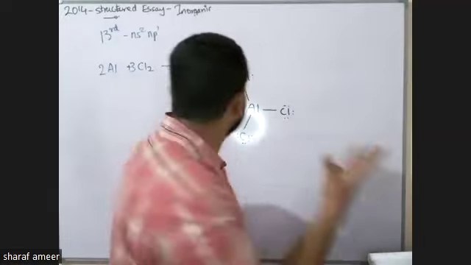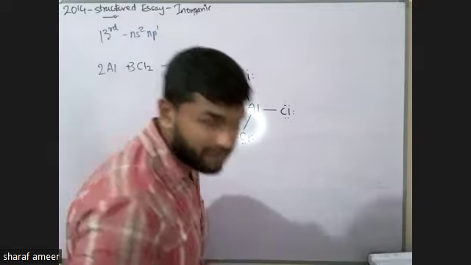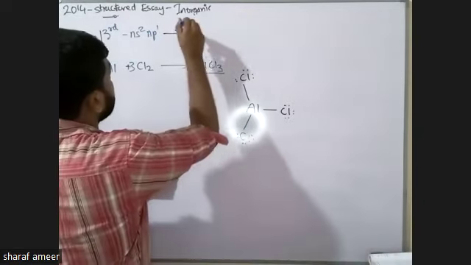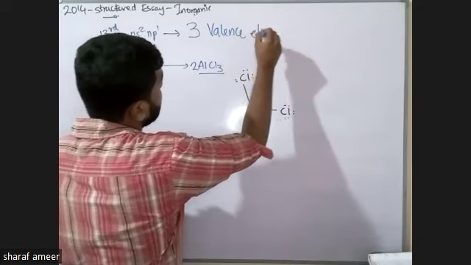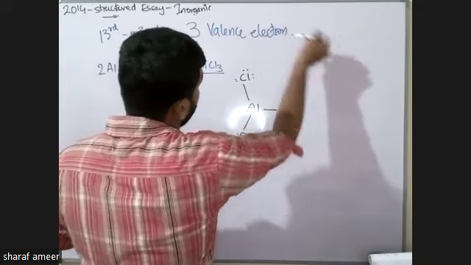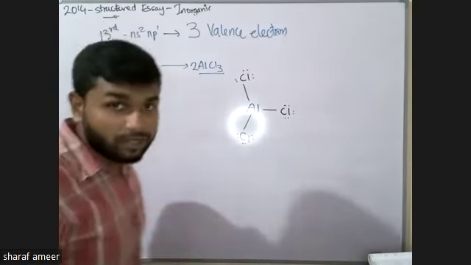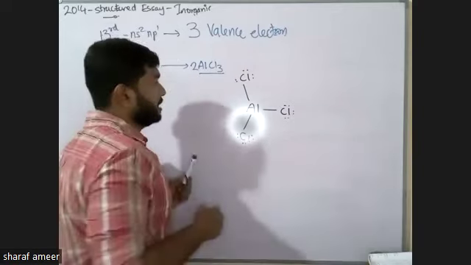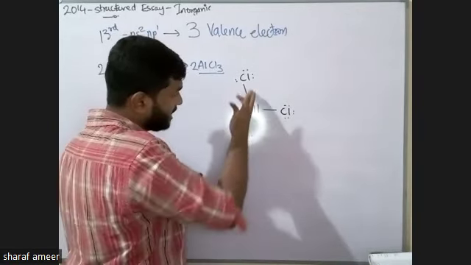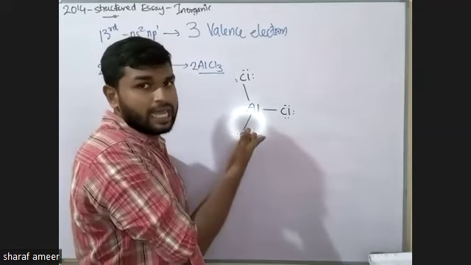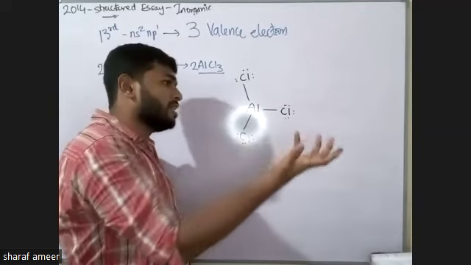Since it has the electronic configuration ns2 np1, it has 3 valence electrons in its outer shell. As a result, it can form only 6 electrons around it here. This is not possible actually; it cannot stay under normal conditions.